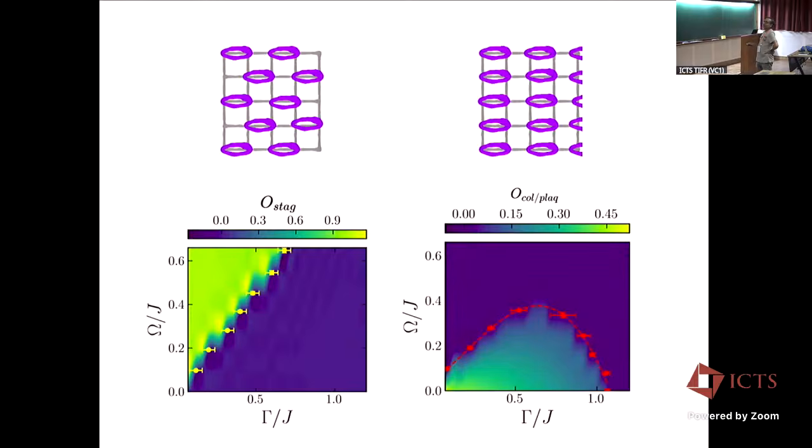So what happens is that if you try to plot the order parameter for the staggered arrangement of the dimers or the columnar arrangement of the dimers, they become non-zero in the respective regions, and this is exactly what you would expect from the analysis of dimer models. And in fact, in the large J and large kappa limit, the Hamiltonian indeed reduces to a dimer model.